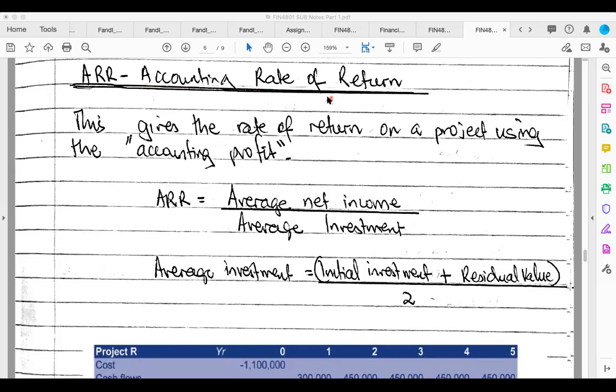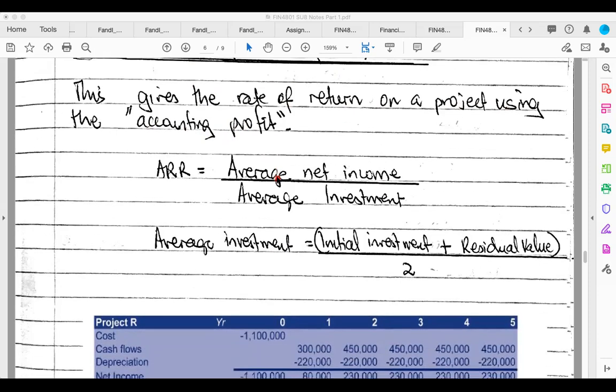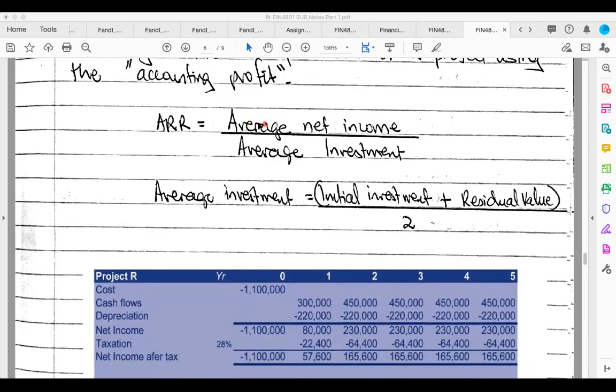The ARR, accounting rate of return, gives the rate of return on a project using the accounting profit. So the accounting rate of return uses the profits that we get from the income statement of a company. We take the average net income divided by the average investment.